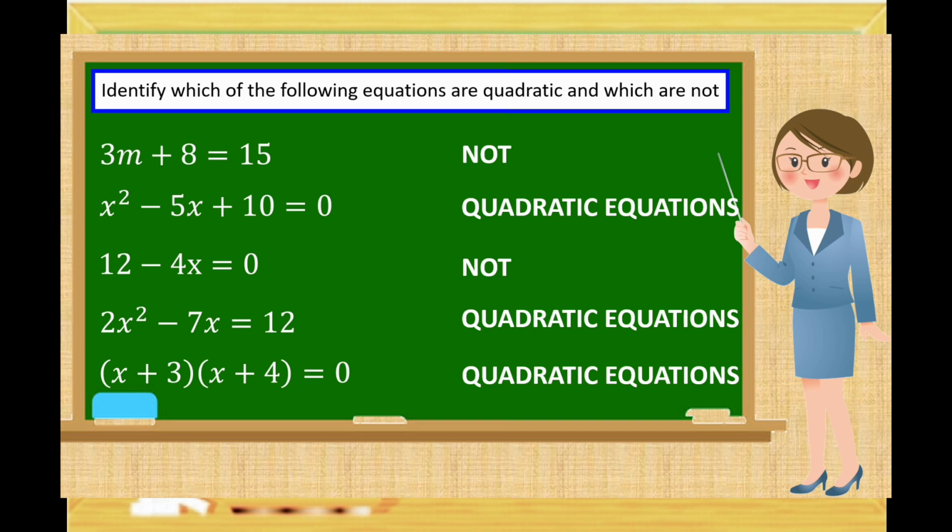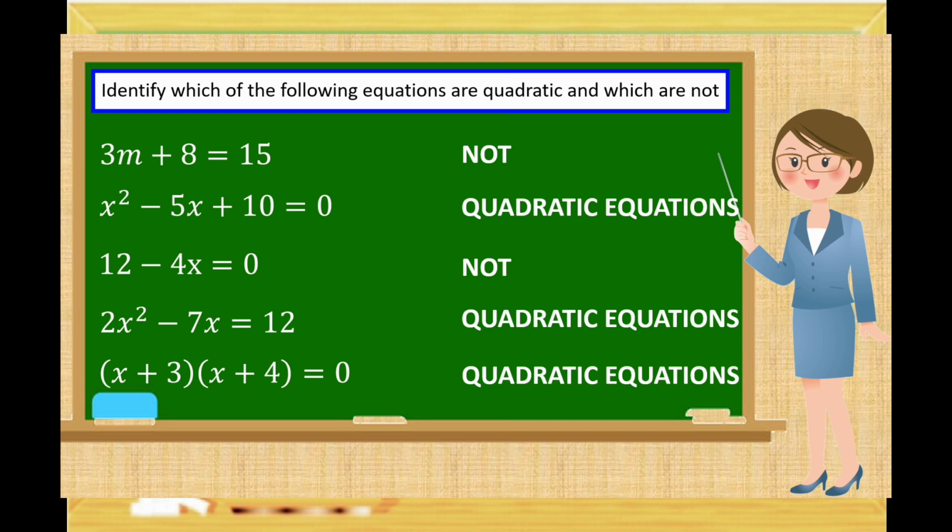Yun ay dahil hindi nakasulat sa standard form ang equation. Kailangan muna natin isulat sa standard form para malaman natin kung ito ba ay quadratic equation o hindi. Tandaan, para malaman natin kung quadratic equation ba o hindi ang isang equation, kailangan muna natin itong isulat sa standard form.